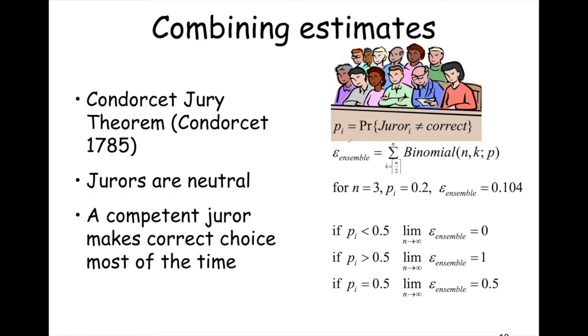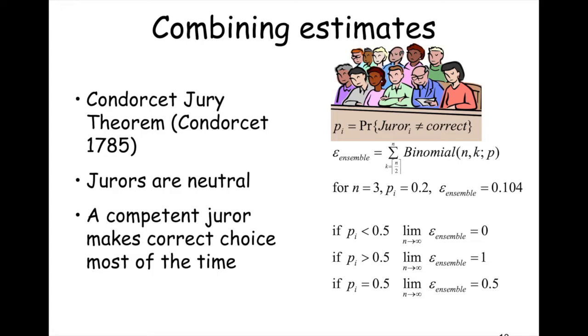Given this set of jurors, each one can be either correct or incorrect, 1 or 0, like flipping a coin. We aggregate the error for the jury as the area under the curve of the binomial distribution, because each juror being correct or incorrect is modeled as a string of ones and zeros.